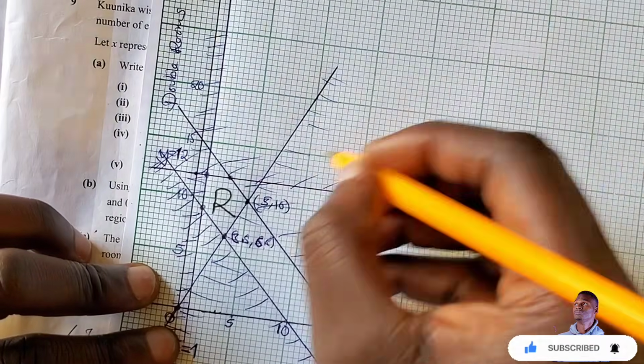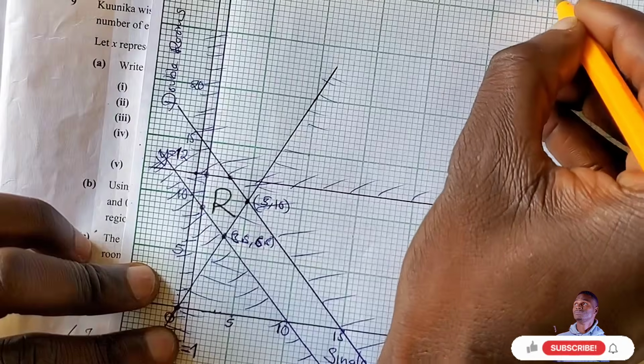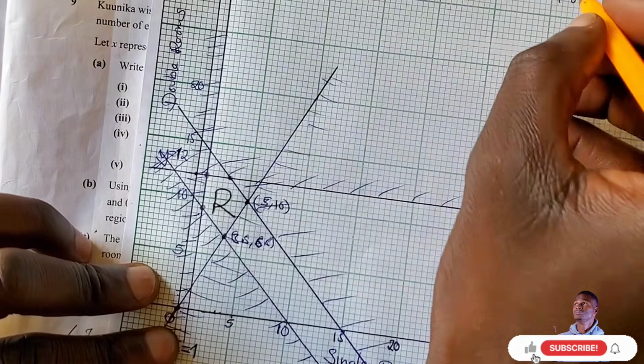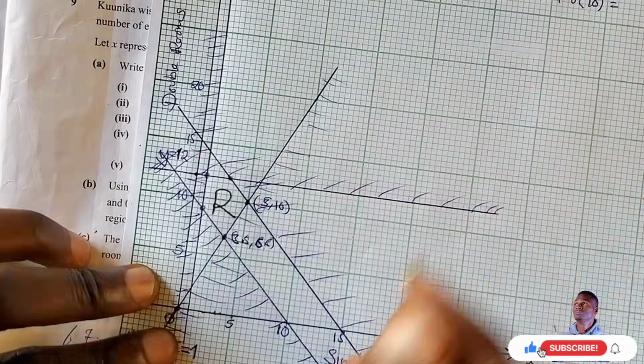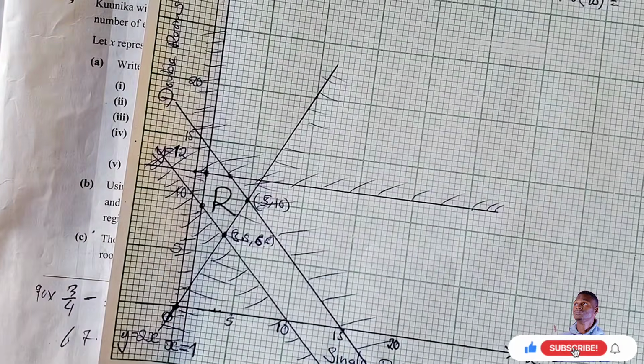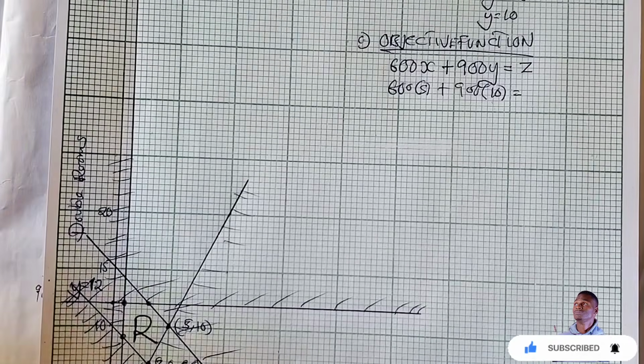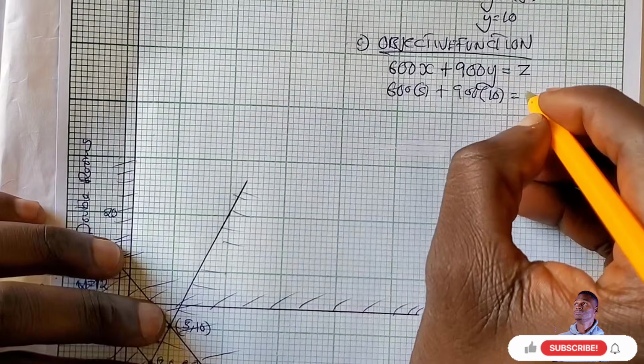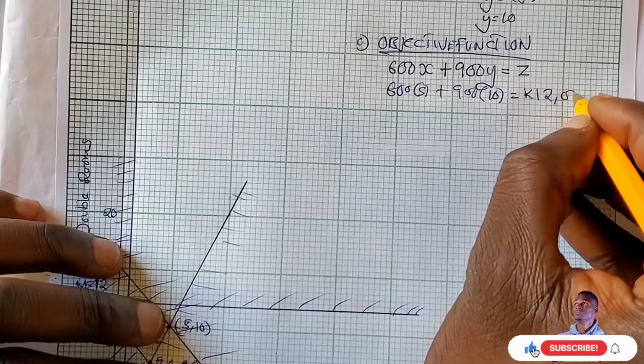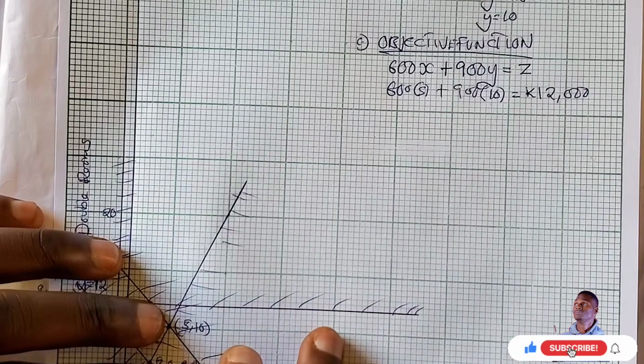600 times x is 5, plus 900 times y is 10. This is giving us how much? Quickly, 600 times 5 plus 900 times 10. That is 12,000. Okay, this is giving us 12,000.